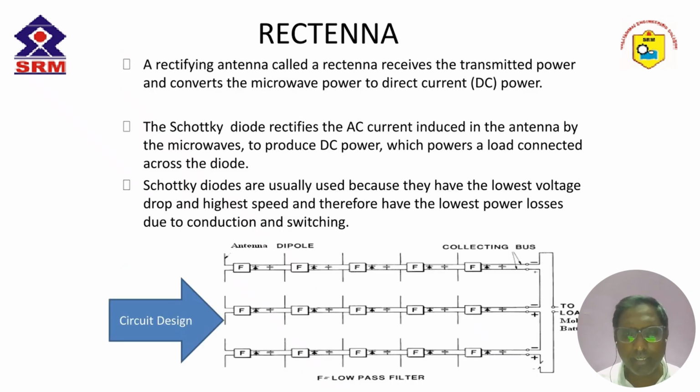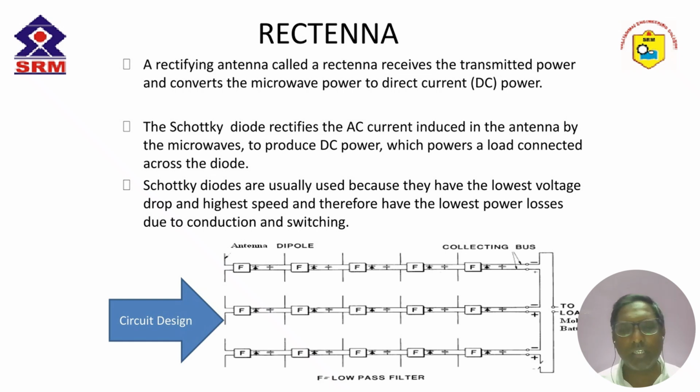Next part is the rectenna. A rectifying antenna, called a rectenna, receives the transmitted power and converts the microwave power to DC power, that is, direct current power. Here, the Schottky diode rectifies the alternating current induced in the antenna by the microwave to produce DC power, which powers a load connected across the diode.